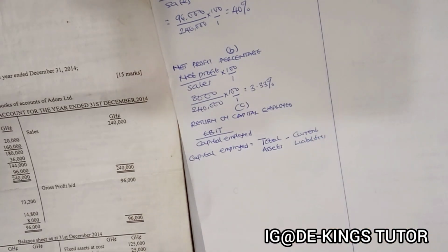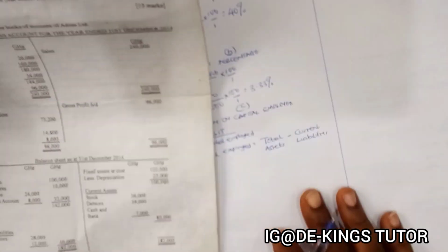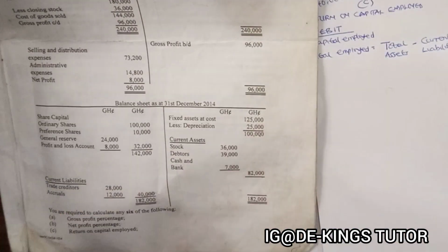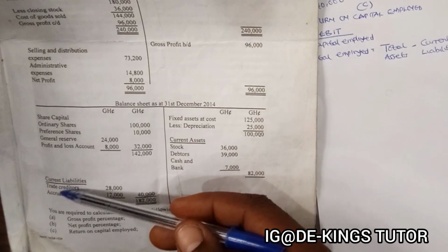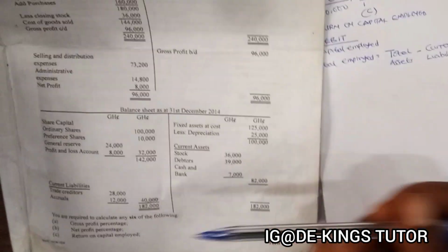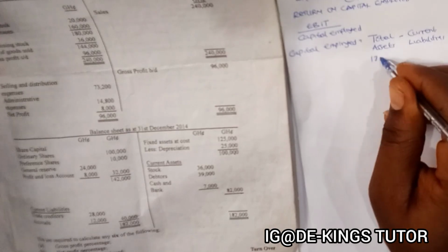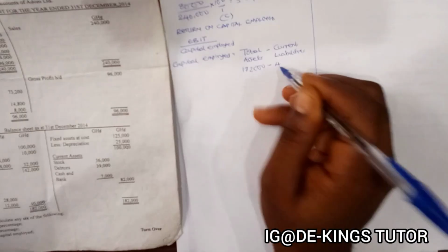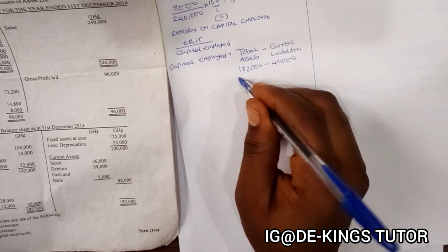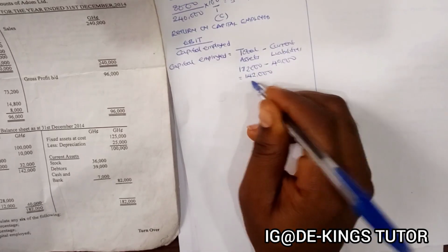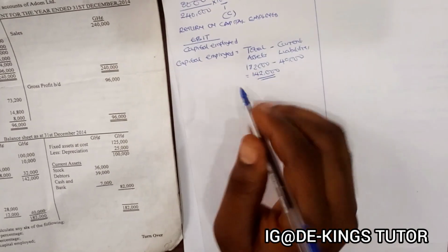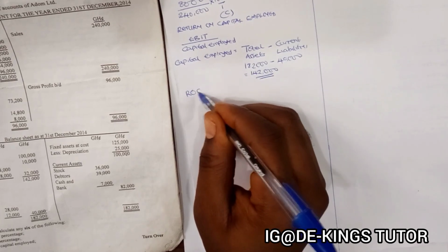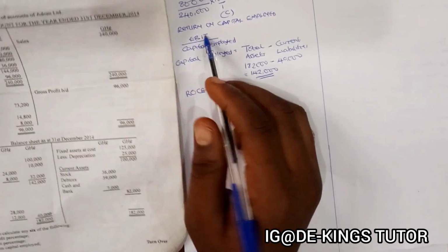So we're going to check our total assets and the current liabilities. From here, our total assets is 182,000, while the current liabilities, trade creditors, is 40,000. So it will now be 182,000 minus 40,000, and this will give us 142,000.